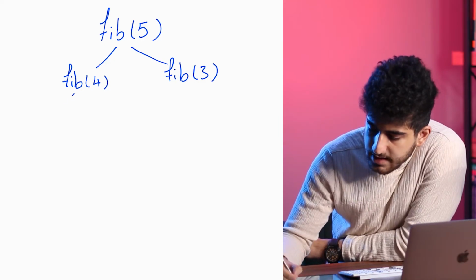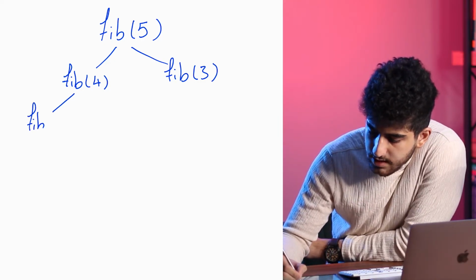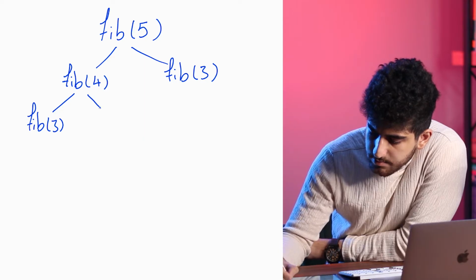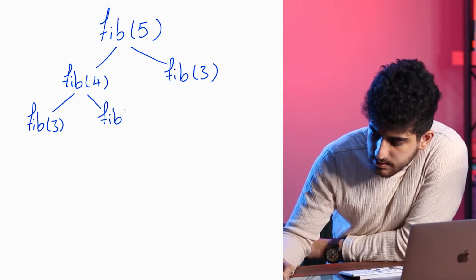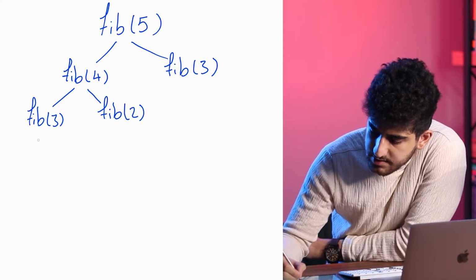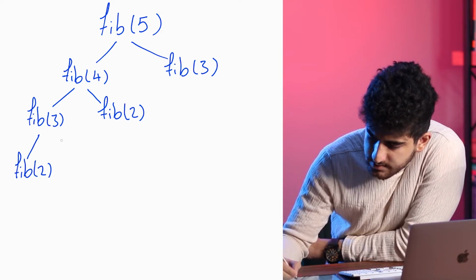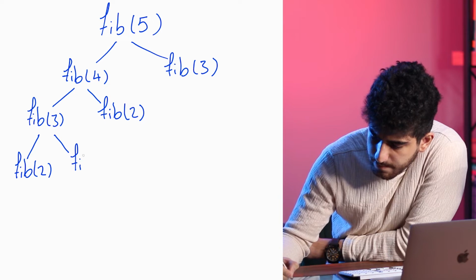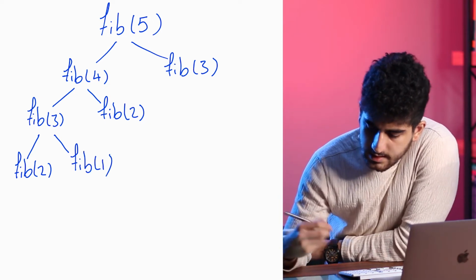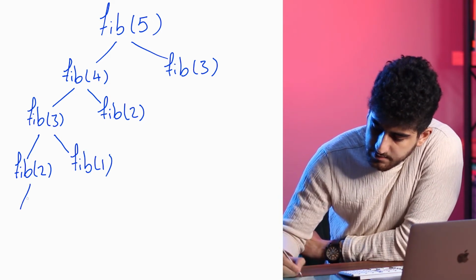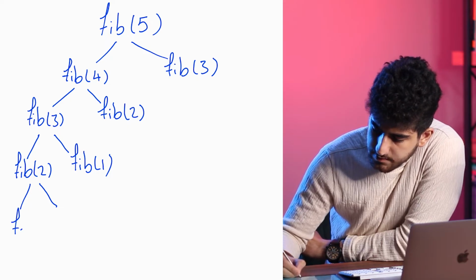Then from fib of 3 it will call fib of 3 and fib of 2. Then from this fib of 3 it will call fib of 2 and fib of 1. Then here again from fib of 2 it will call fib of 1 and fib of 0.